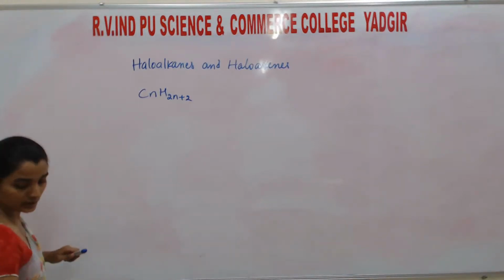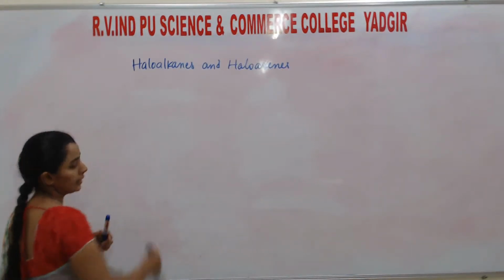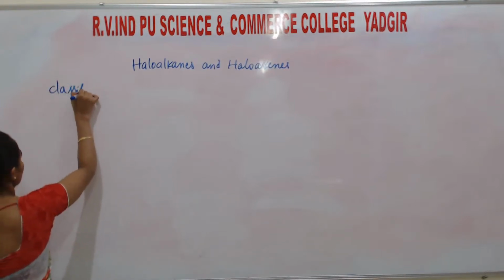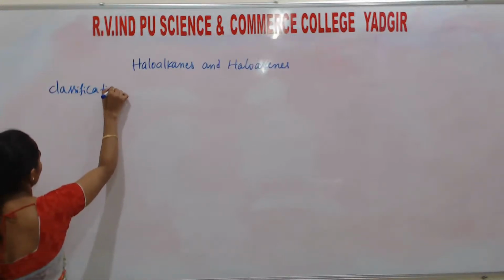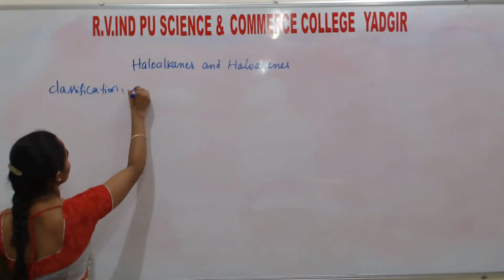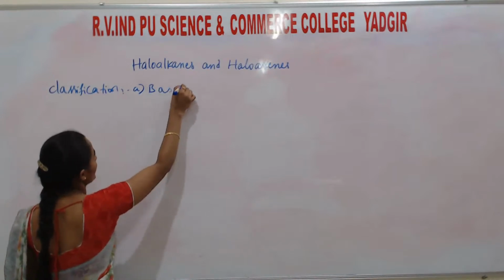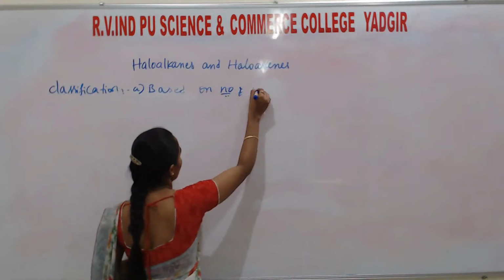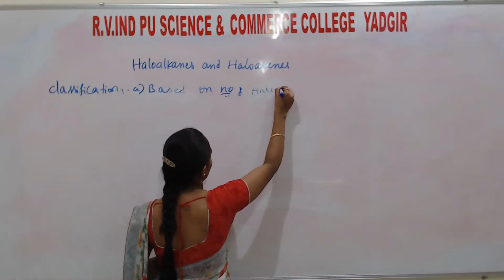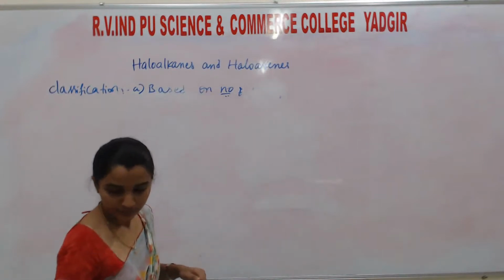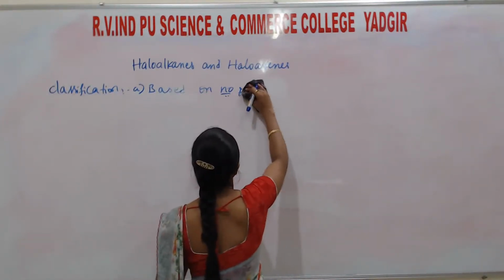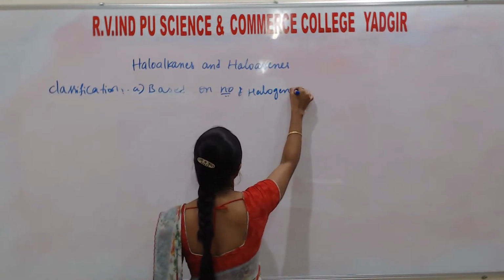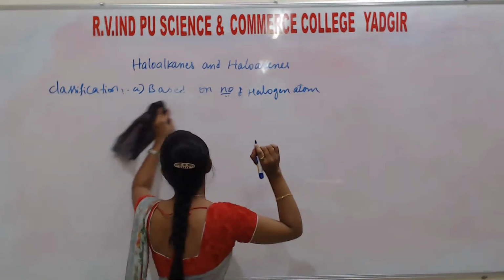Okay, so next one is classification. In that classification, the first one is based on the number of halogen atoms.